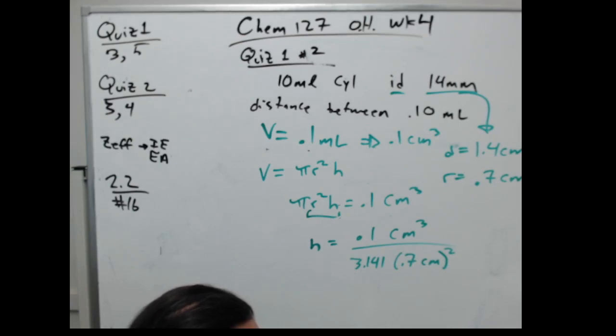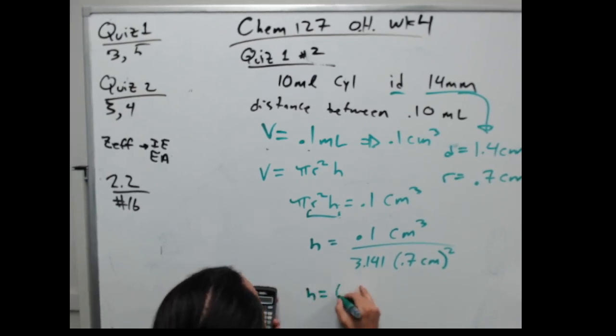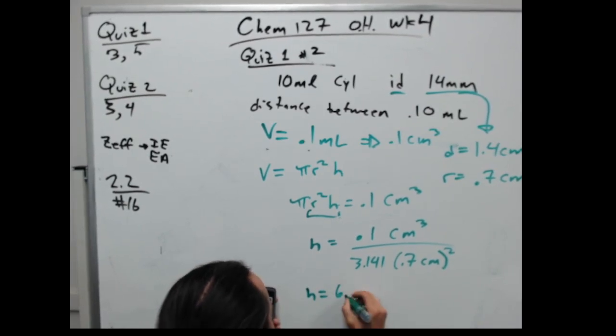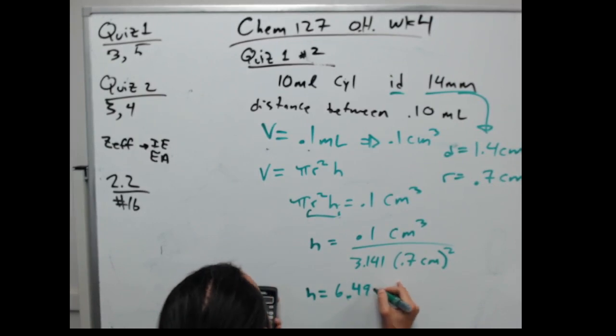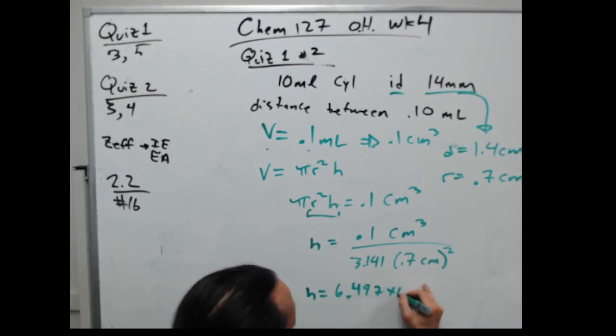0.7 squared. Ooh. I get a height that's pretty small. 6.497 times 10 to the minus 2 centimeters.